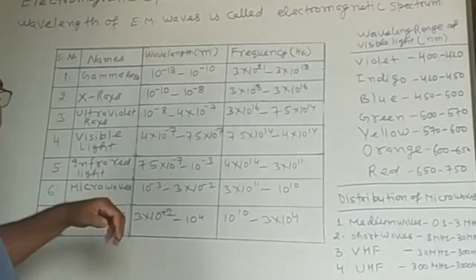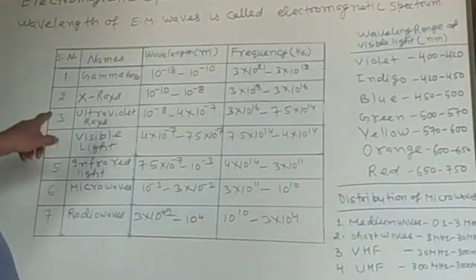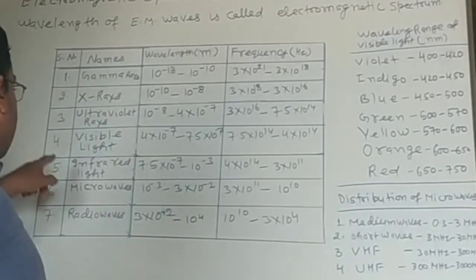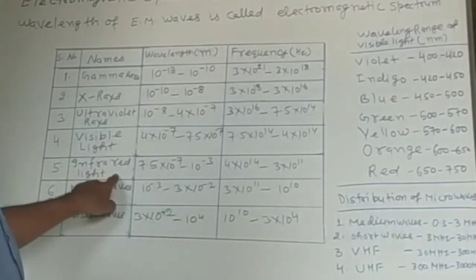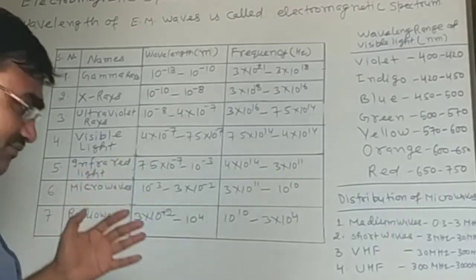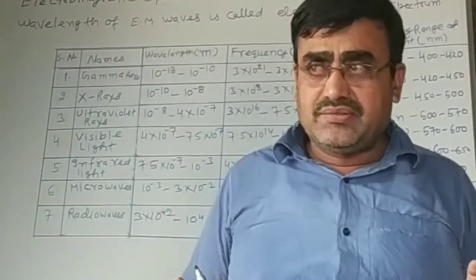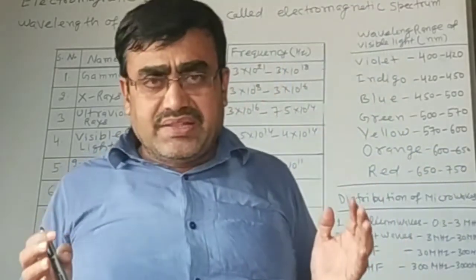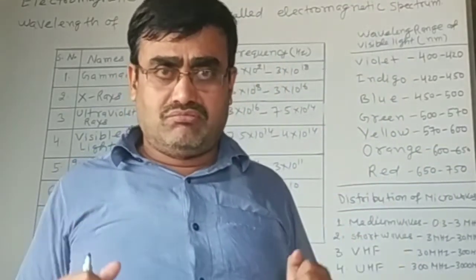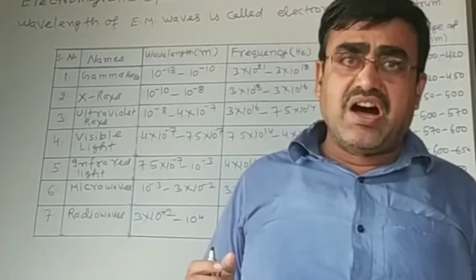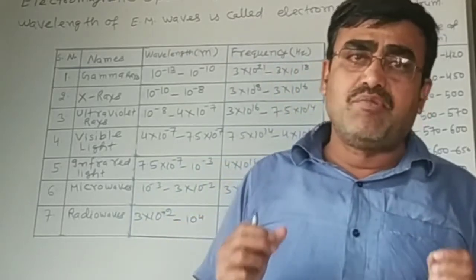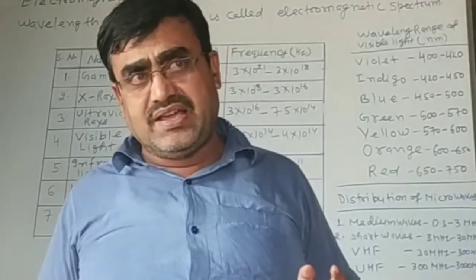After visible light, the next component of EM waves is infrared light. Infrared rays are produced by red hot substances at the time of sunset and sunrise.